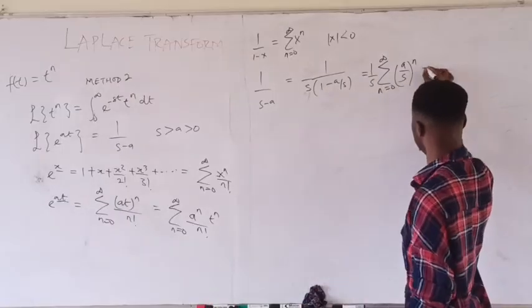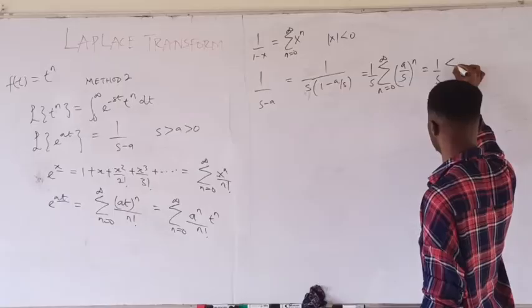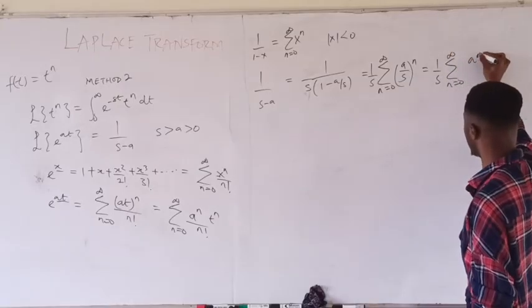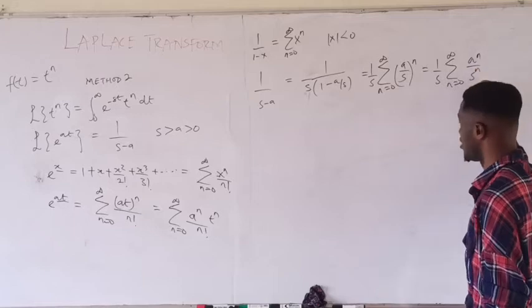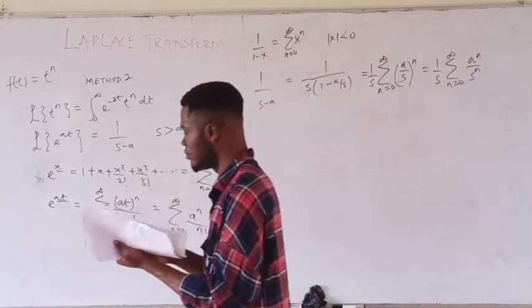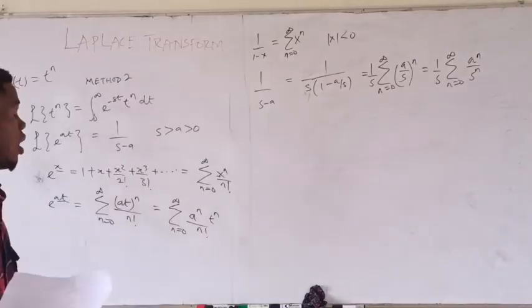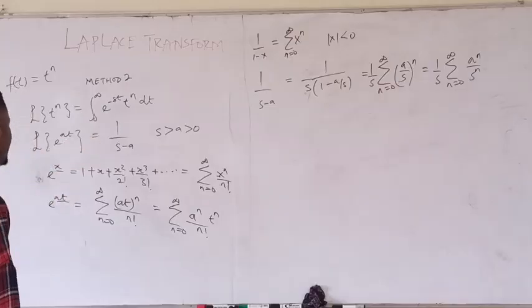Now, I can decide to break this down further by saying 1 over s into the summation from n equals 0 to infinity of a raised to the power of n divided by s raised to the power of n. So this is the definition of this. Now, I've brought out all my factors. Now let us do a little comparison and see how we can solve this.